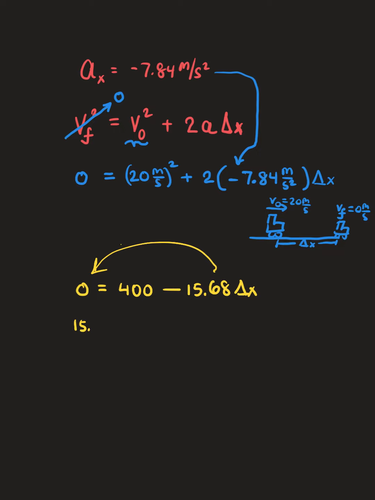So I have positive 15.68 delta x, and that's going to equal 400. And then last but not least, I'll go ahead and divide by 15.68. So that's going to leave me with the stopping distance of the car, or the length of the skid mark, which will be 25.5 meters.